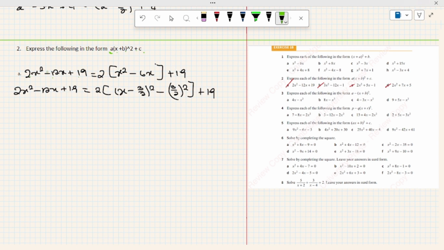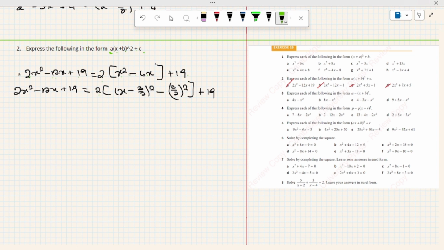The first thing you see is that 12 is a multiple of 2, because 2 times 6 is 12. So you take 2 outside the bracket and you're left with x squared minus 6x, close bracket, plus 19.